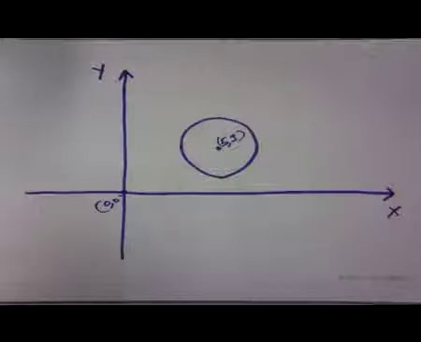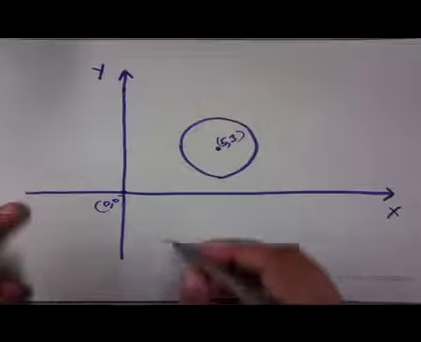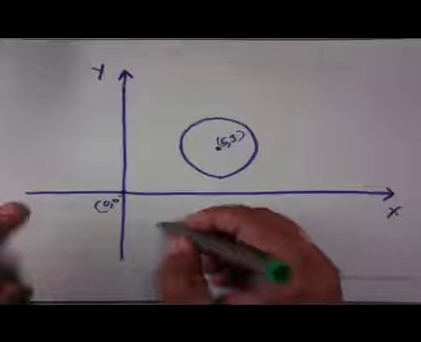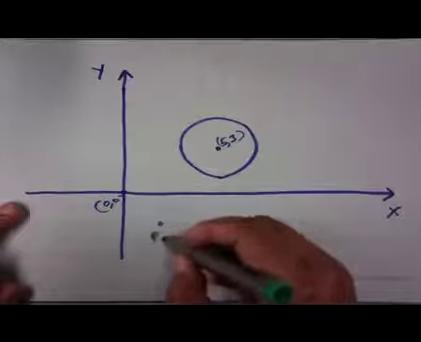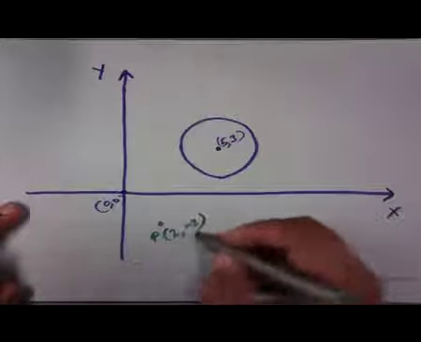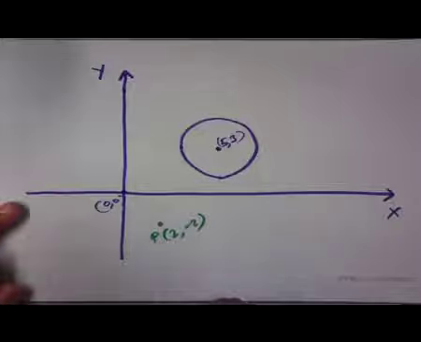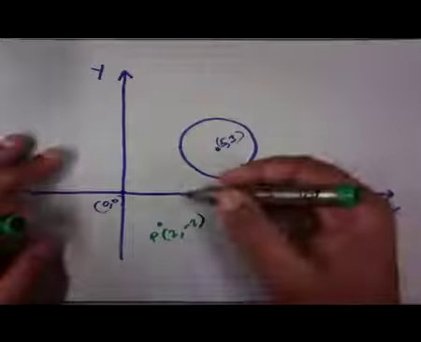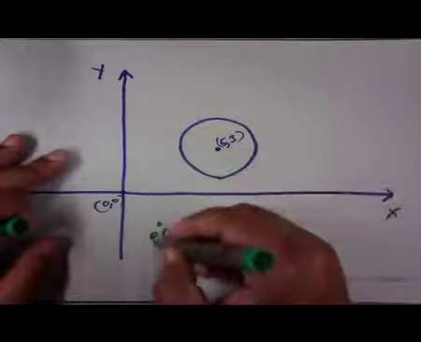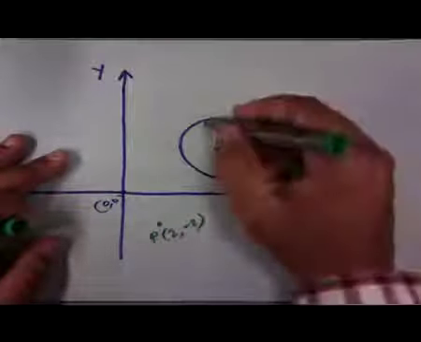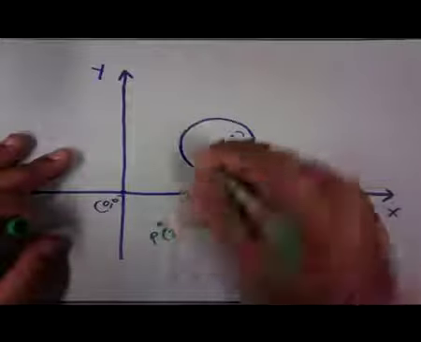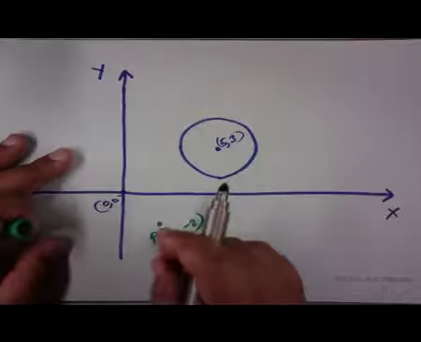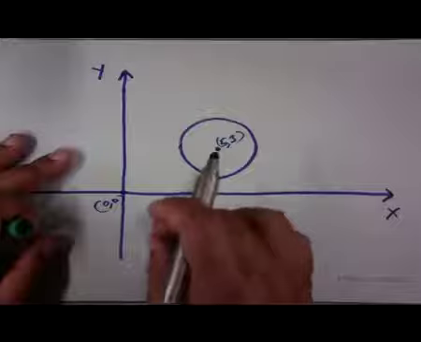And let us now consider a point P whose coordinates are 2, minus 2. Then clearly the power of this point P with respect to this circle will be the squared length of the tangent from this point P to this circle.